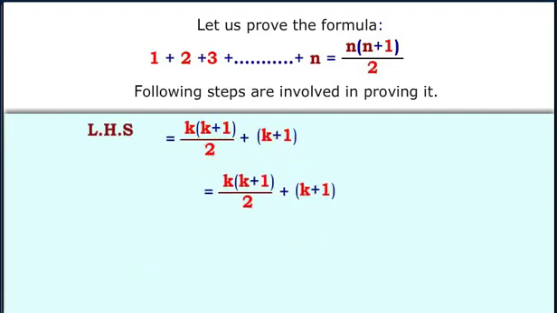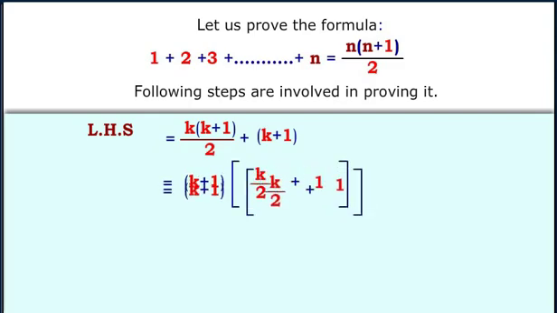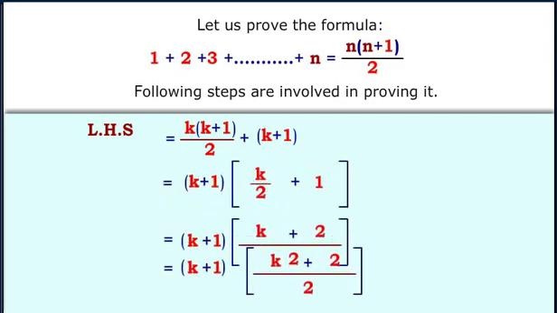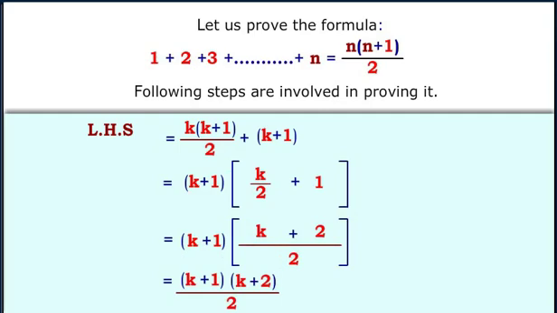Let us simplify the left hand side of the equation. The left hand side is k into k plus 1 by 2 plus k plus 1. Let us take k plus 1 common out of it. So we get k plus 1 into k by 2 plus 1, which on simplification gives k plus 1 into k plus 2 by 2, which is equal to the right hand side of the equation.